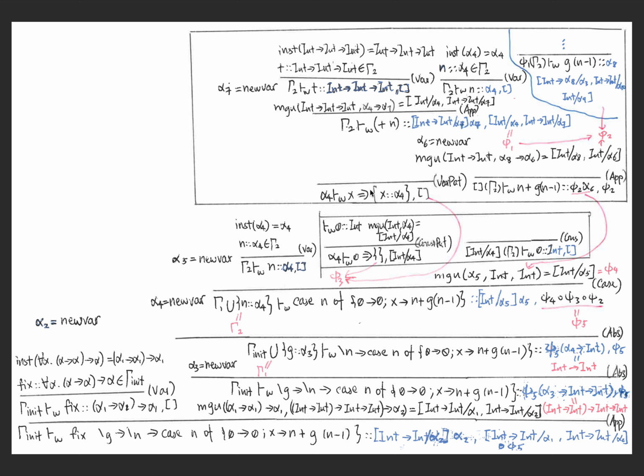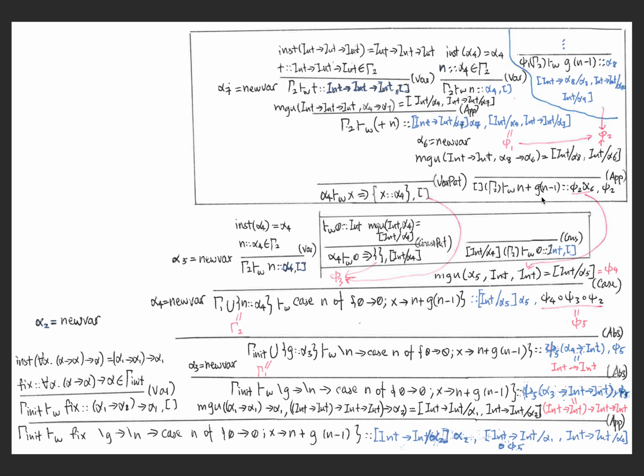So we're going to infer that the pattern x would create the type environment that x has type alpha4, because this is the var pat rule, which will create an empty type substitution, and we're going to apply this information to our gamma2. But since this is empty, it doesn't improve gamma2 at all, and we're going to infer the right hand side of this pattern clause, which is n plus g applied to n minus 1.